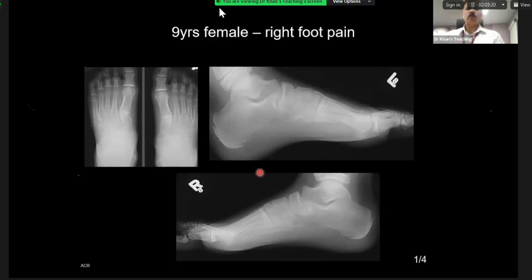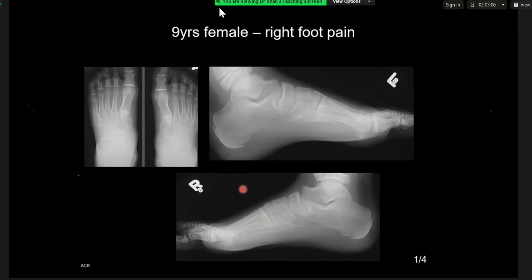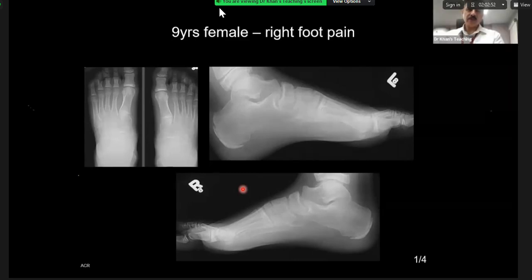What kind of congenital abnormality would it be? Your thinking is absolutely spot on, but my question is very specific. What kind of congenital abnormality? I thought it was the beaking, but is that seen with coalition? Okay, very good, well done.